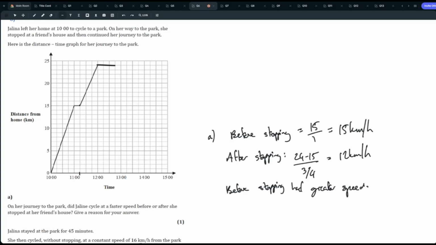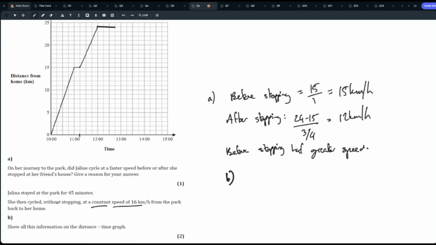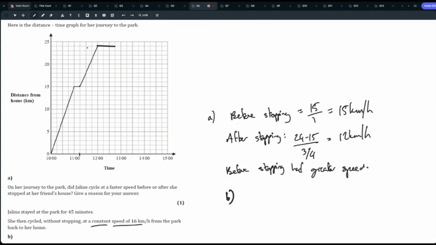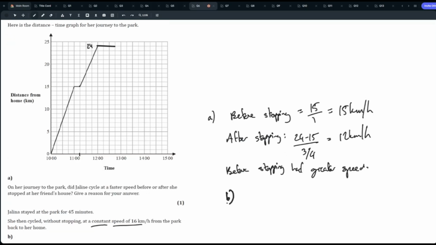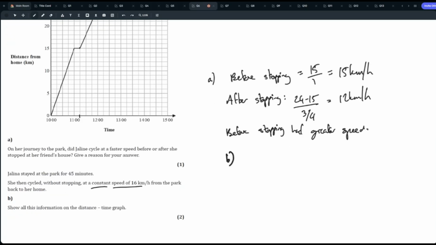Okay, so the distance at this point on part B, well, how far is she away from home? So at this point here, we're at 24 kilometers. Okay, so the distance is 24.